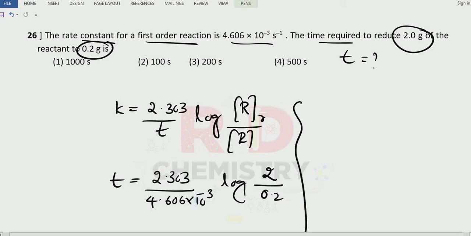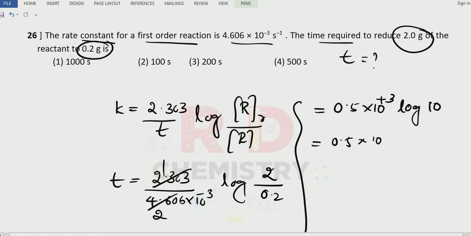Which can be written as 1 by 2 is 0.5, then 10 power minus 3, make it plus 3 in the numerator. Then log 2 divided by 0.2 will be 10 times, correct? So it is equal to 0.5 into 10 power 3, and log 10 is equal to 1, or it is equal to 500 here, in terms of seconds, because second inverse is in the rate constant. Clear? So answer is option number 4.